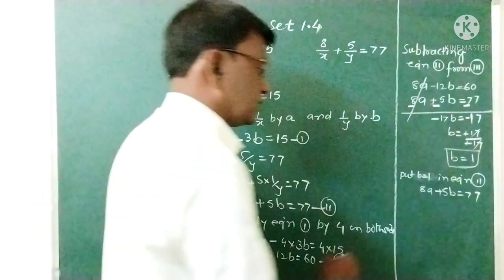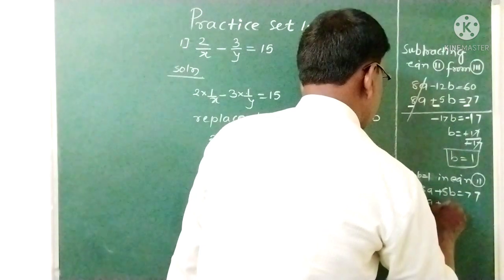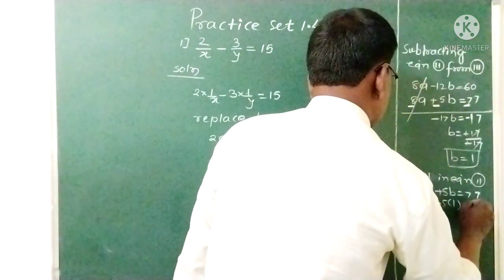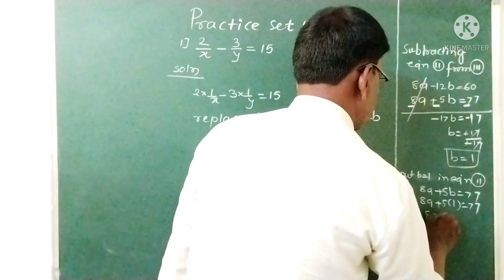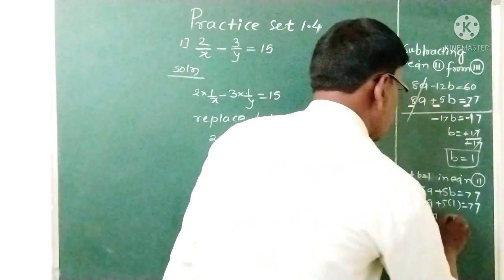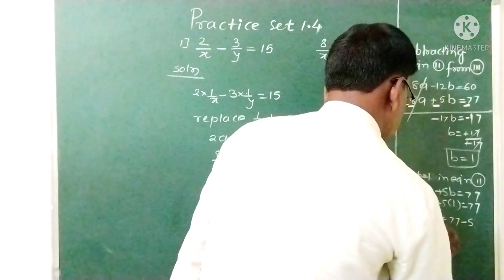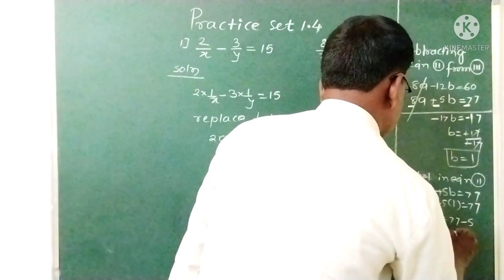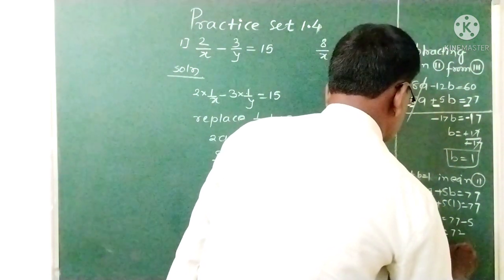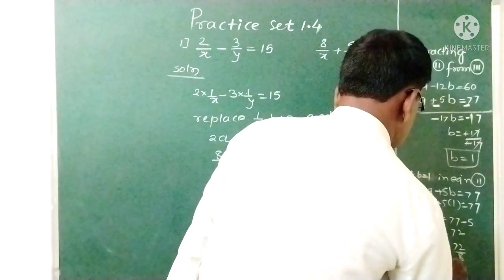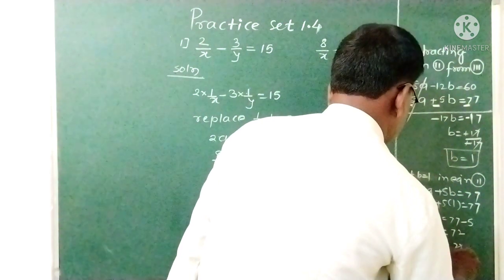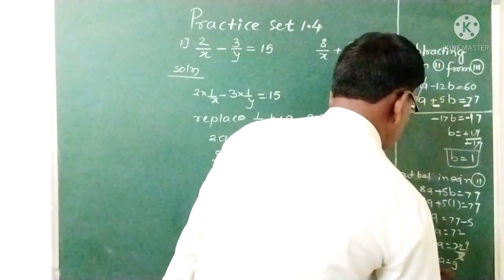Substitute the value of b here. 8a plus 5 into 1 is equal to 77. 8a is equal to 77 minus 5, take this side, minus 5. 8a is equal to 72. So a is equal to 72 by 8. 8 nines are 72. Value of a is 9.